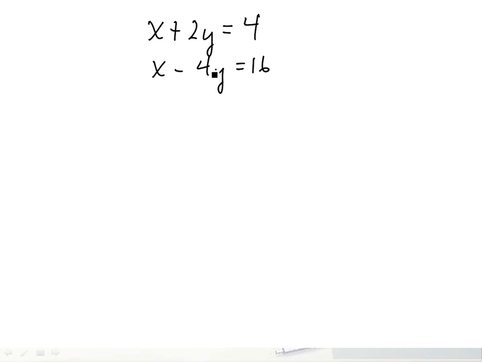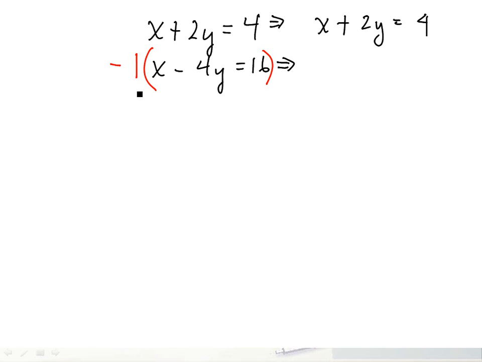Alright, you probably would think just to multiply one of the equations by a negative, which is fine, so let's do that. Let's multiply equation 2 by negative 1. Alright, so let me rewrite the first equation back over. x plus 2y equals 4.